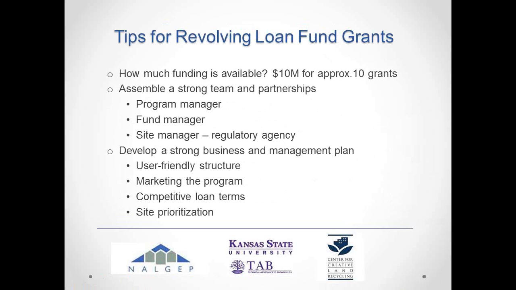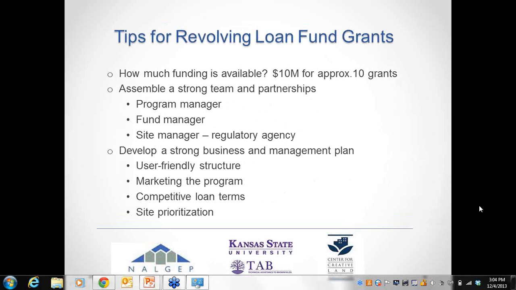Many communities take a year and a half to develop this business plan, and you lose time in implementing your grant. And the shorter you can show EPA you can get to actually providing your first loan or your first sub-grant, the more competitive you are.